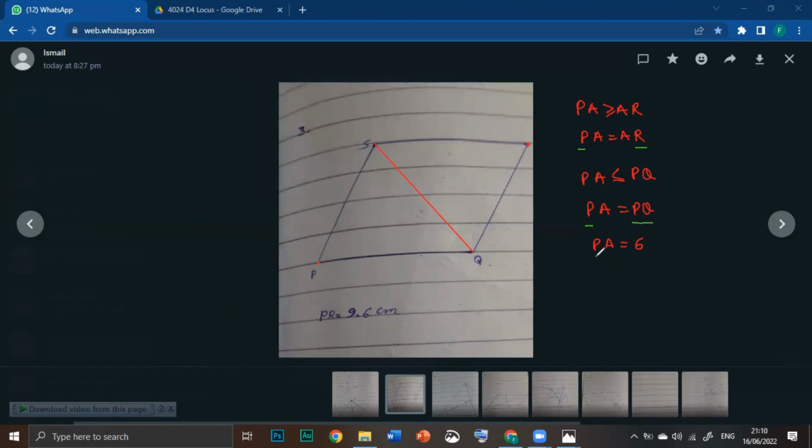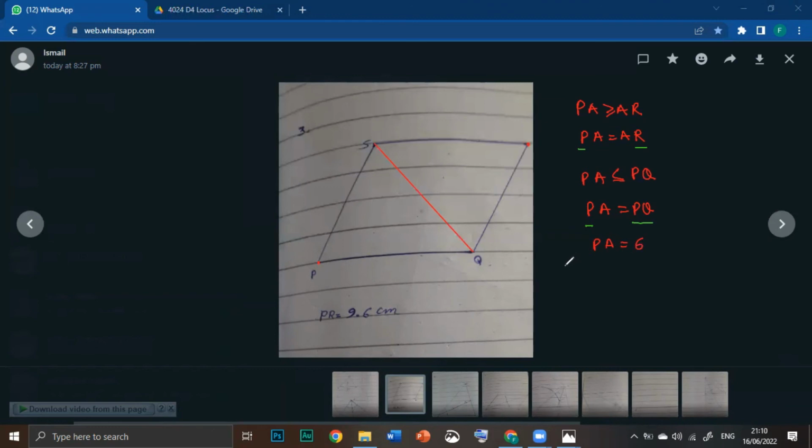Now P is the fixed point, and the distance of A, the variable point, from P, the fixed point, is equal to 6. What should be the locus? The distance of A from P, first of all, we will name the variable point, then the fixed point. The distance of A from P is equal to 6.